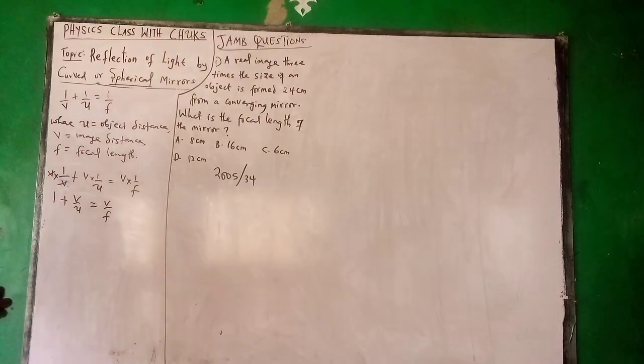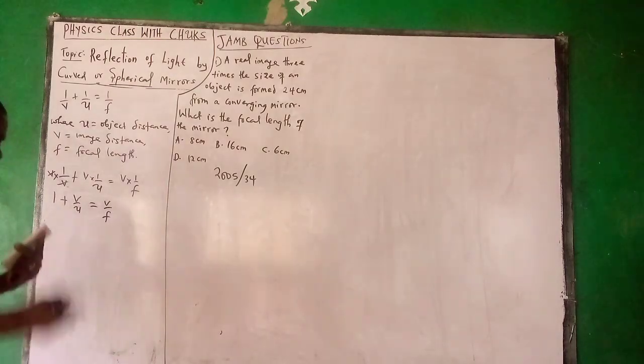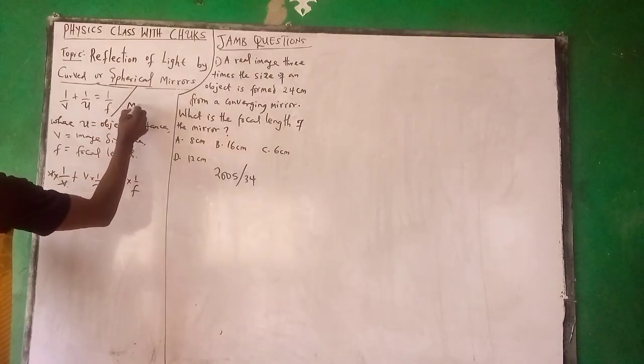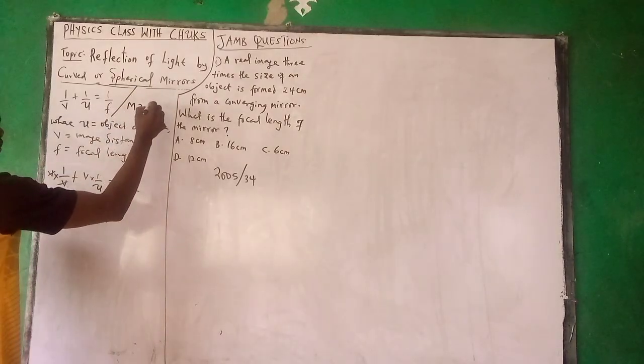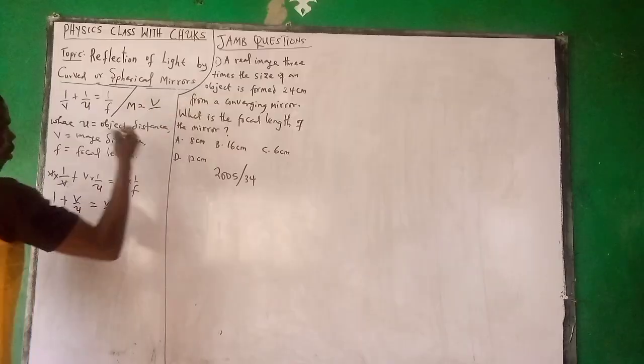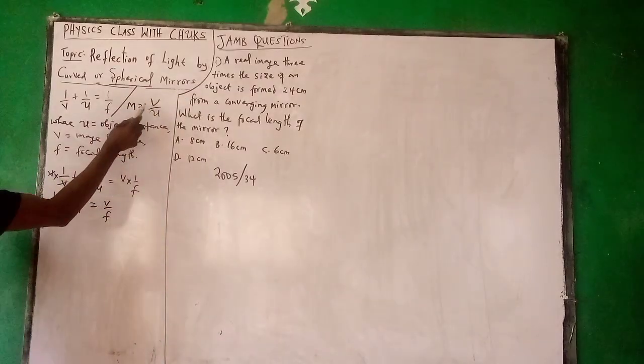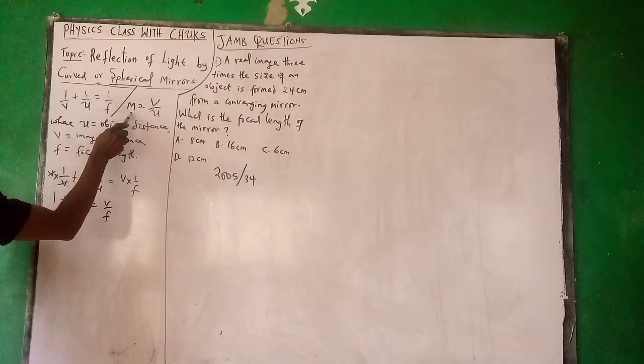Now, when I gave the formula for magnification, I told you that magnification M is equal to image distance, which is V, over object distance, which is U. So I'm going to substitute this using M here, right?